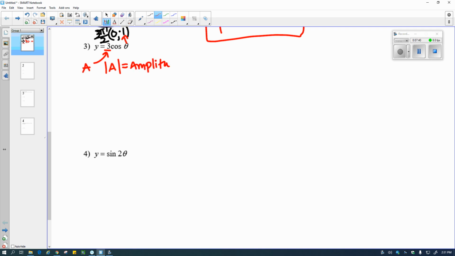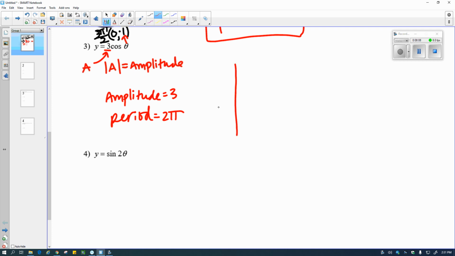So it doesn't matter if it's negative in front of there. That's going to just change the direction that you start in. But the absolute value of A is the amplitude. So in this case, the amplitude is 3. But the period doesn't change because nothing changed in front of the angle. So that's still 2 pi.